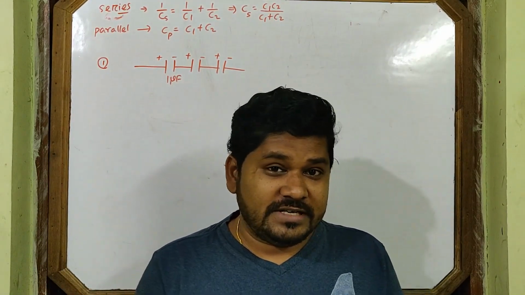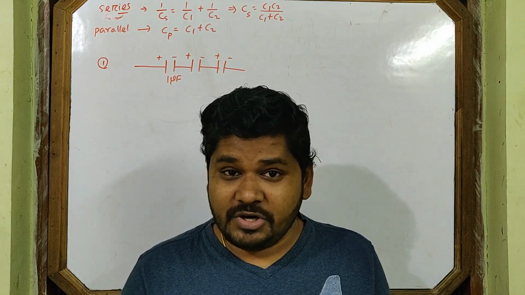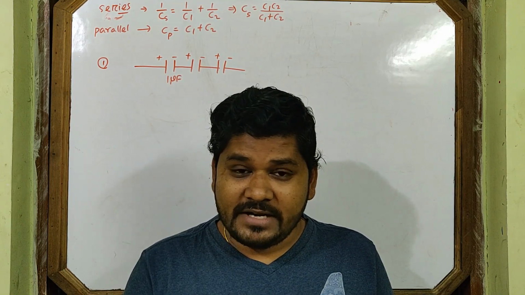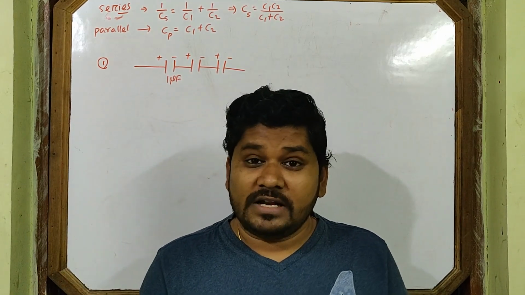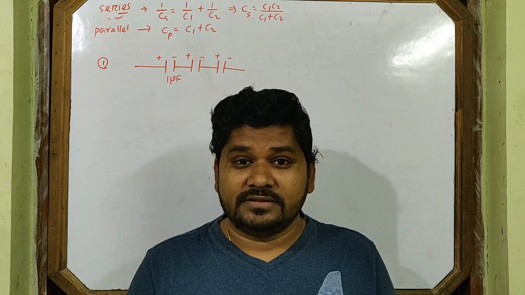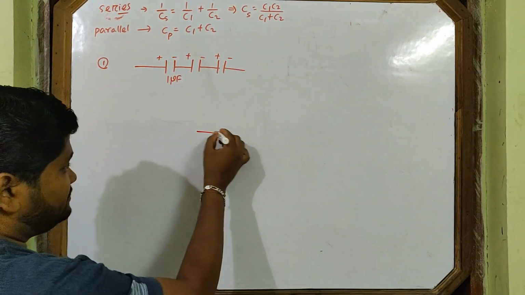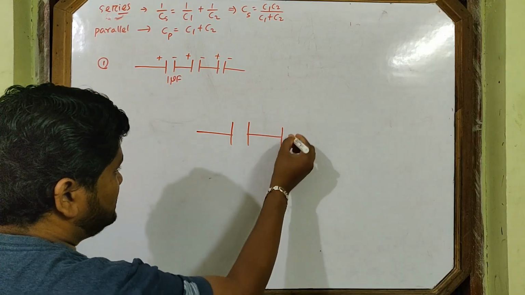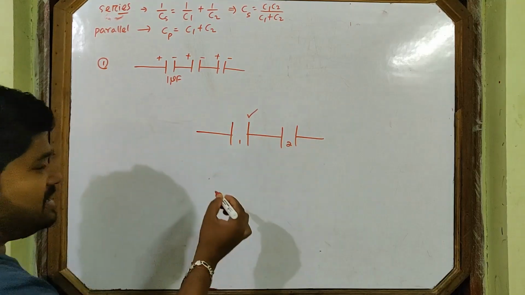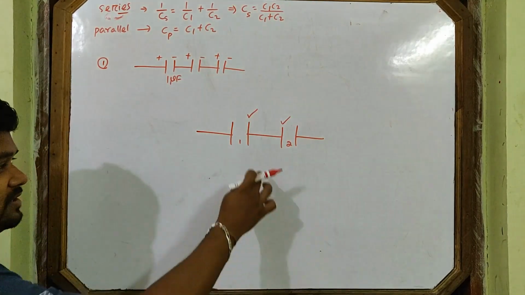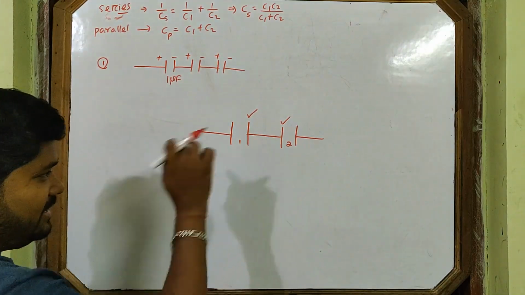How can you know whether it is series connection or not? Remember, this line is important: if one plate of one capacitor is connected to the plate of another capacitor directly, then that is series connection. This one you see, this is one capacitor, this is another capacitor. One plate is connected to the plate of another capacitor directly.